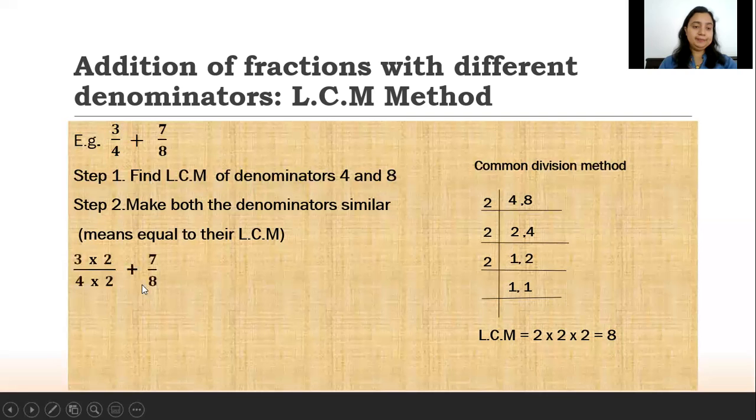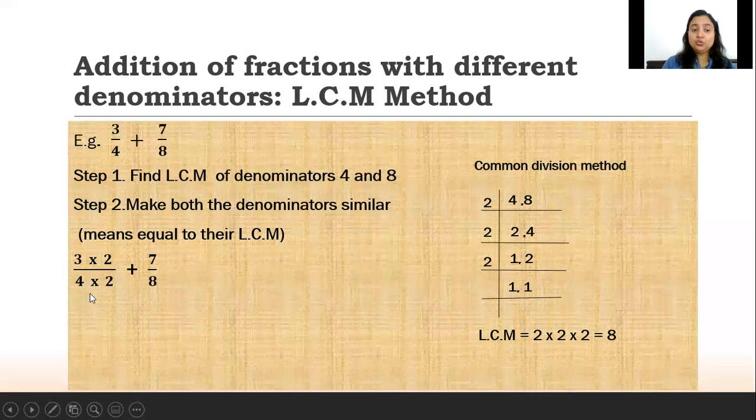How? Let's see. We wrote 3 by 4 and we multiply 2 in the denominator and the same 2 in the numerator. Why do we multiply 2 here? Because 4 2s are 8. That is our LCM. So we multiply in the denominator first so that it can be equal to the LCM, and whatever number you multiply here, the same number you multiply in the numerator.